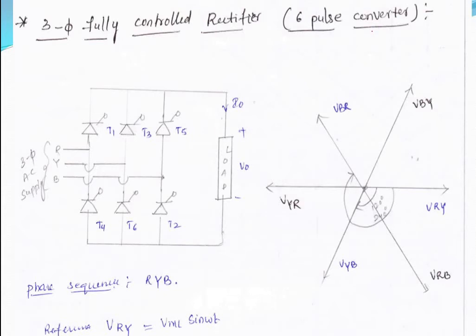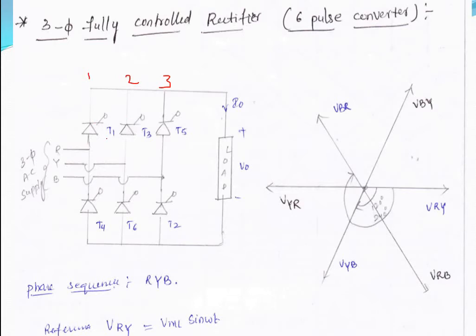The 6-pulse bridge has 6 valves arranged on 3 limbs. So you have 6 thyristors, arranged on 3 limbs. This represents your limbs: this is limb 1, limb 2 here, and limb 3.